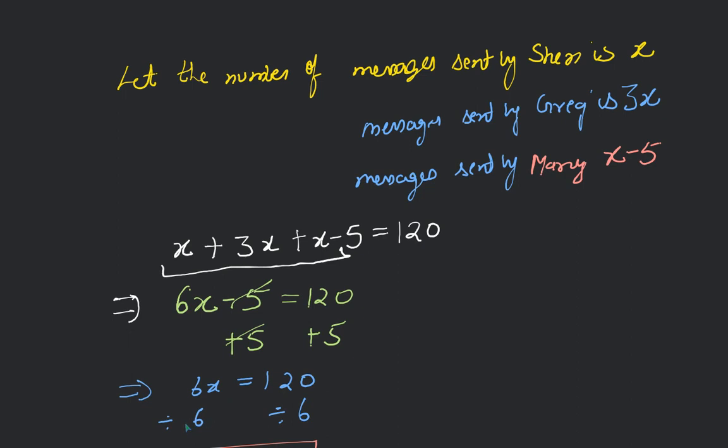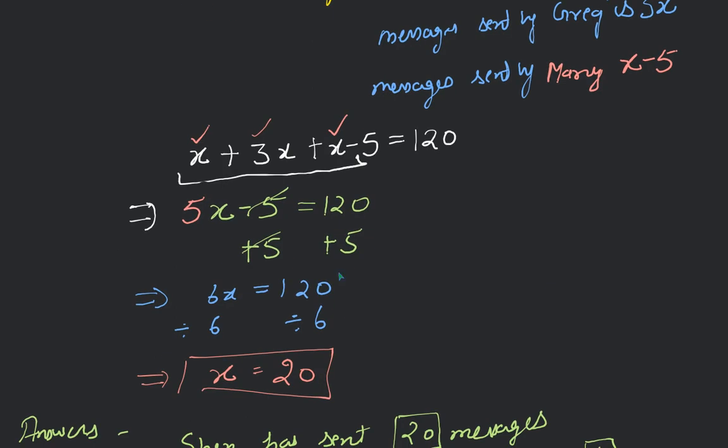Okay, there is a little calculation error. It is going to be 5x because 1x, 2x, and 2 plus 3 becomes 5x. So it will not be 6x but 5x, and here we need to change it to 5x as well.